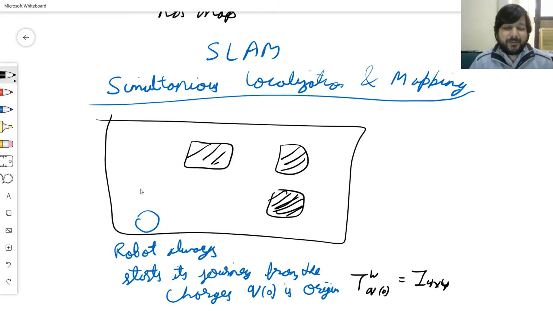So good. Now what I do is I observe what these corners are. How many corners can I see? I can look at this corner, I can look at this corner, and I can probably look at this corner. I have a limited field of view which is here, so I can look at 3 corners.